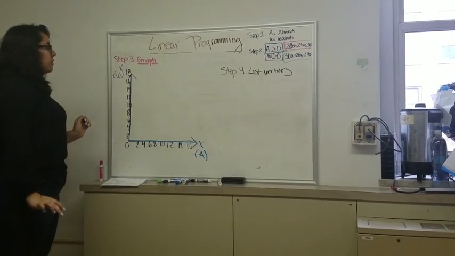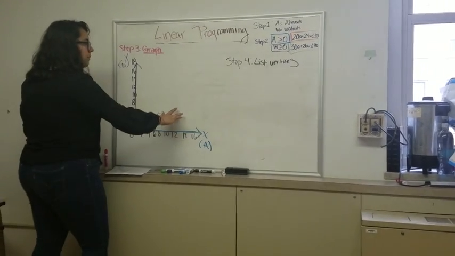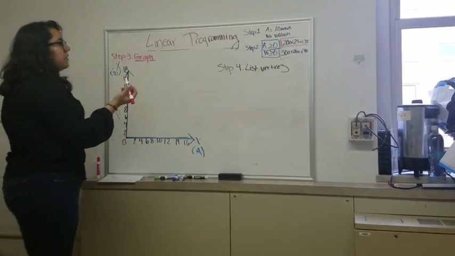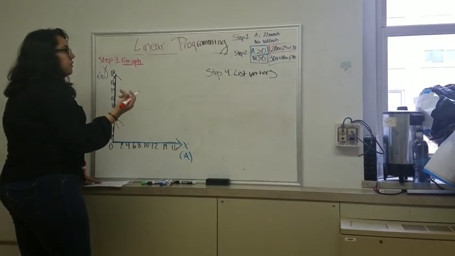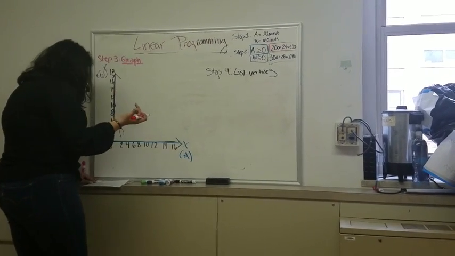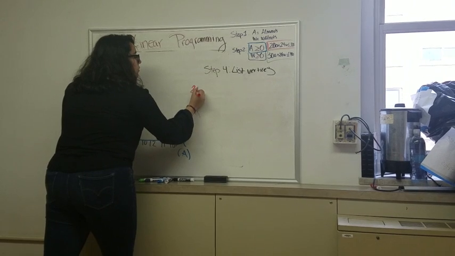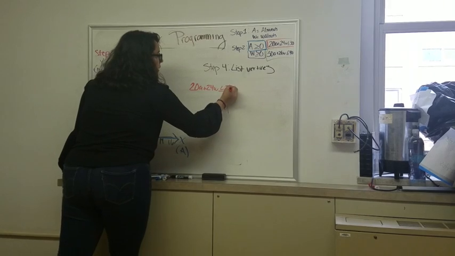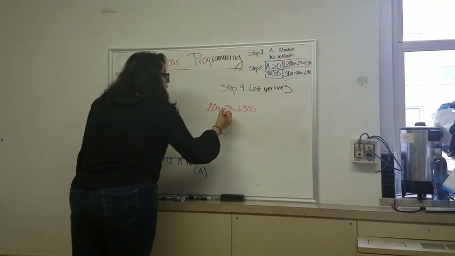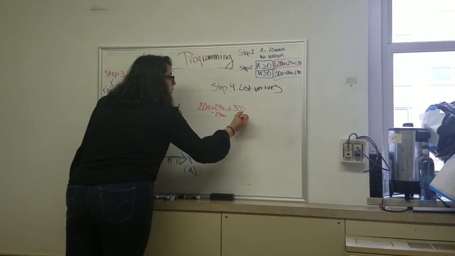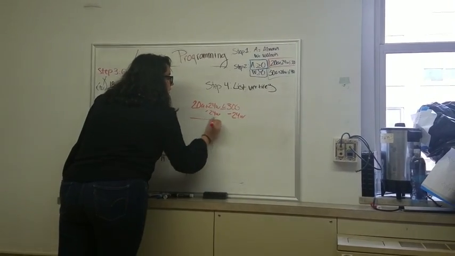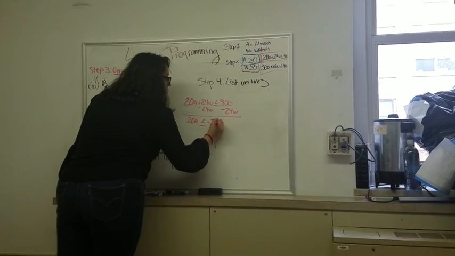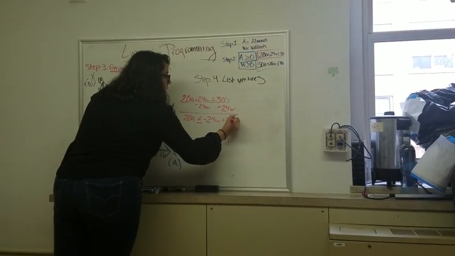Now, what else to graph here? You're going to take 20A plus 24W less than or equal to 300, and get A by itself. So 20A plus 24W is less than or equal to 300. Subtract 24W from both sides: 20A is less than or equal to negative 24W plus 300.